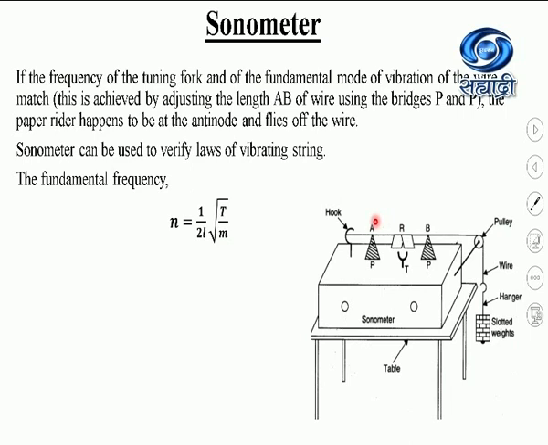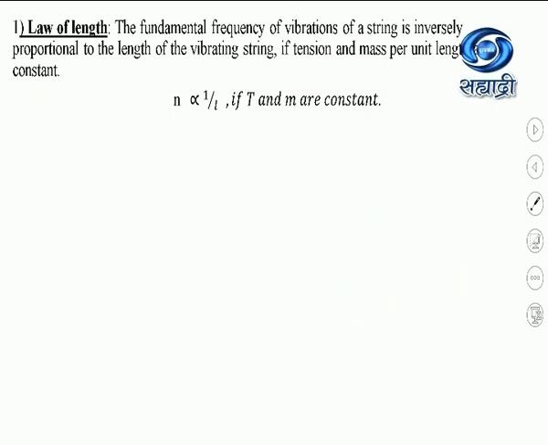Now this sonometer apparatus we can use to verify three laws of a vibrating string. Here the first law of a vibrating string is the law of length. The law of length is: the fundamental frequency of vibrations of a string is inversely proportional to the length of the vibrating string if tension and mass per unit length are kept constant.